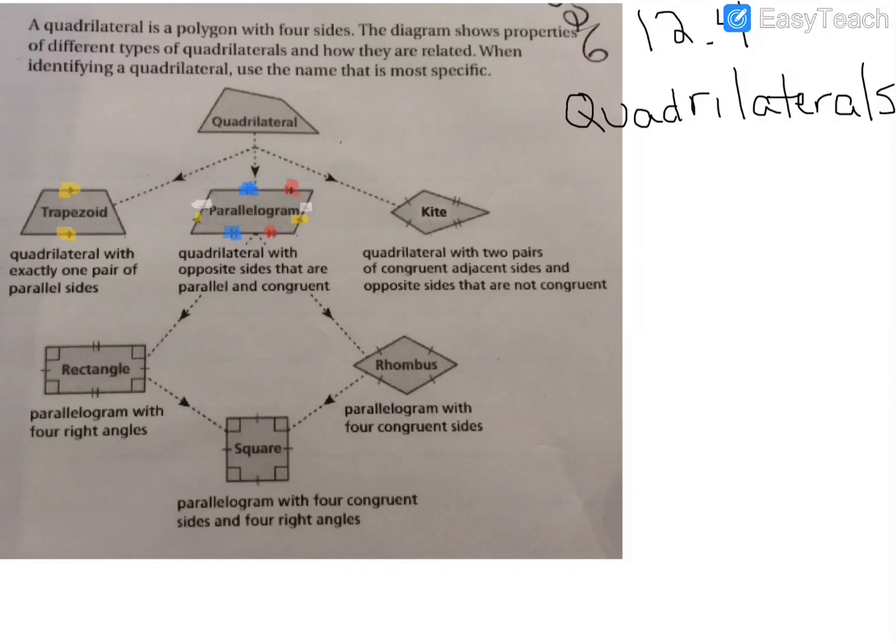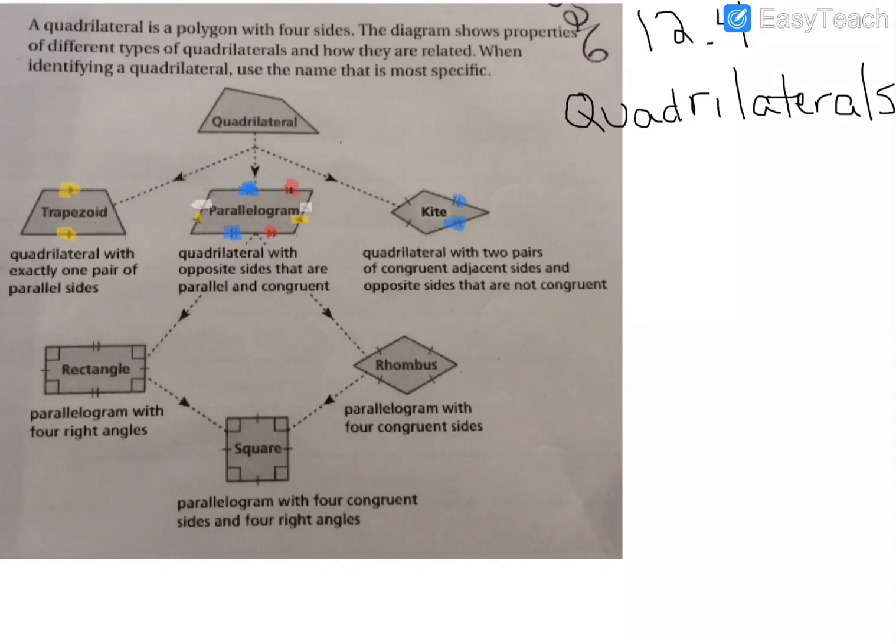So you can see that these two sides connect at a point, they connect at a vertex, they are adjacent. So that's one pair of congruent adjacent sides because we know that they're congruent because they both have two tick marks. We know that they're adjacent because they connect at a vertex.